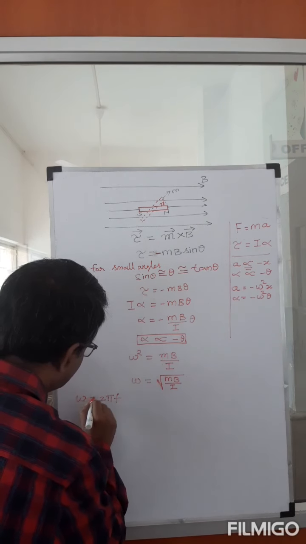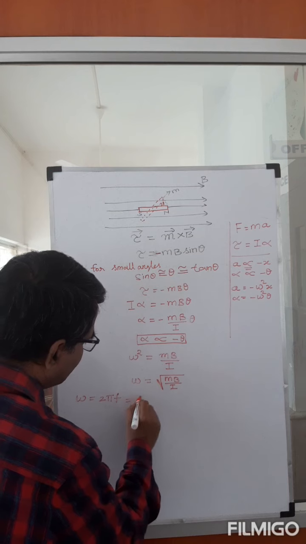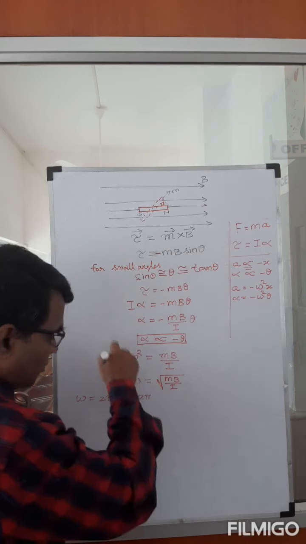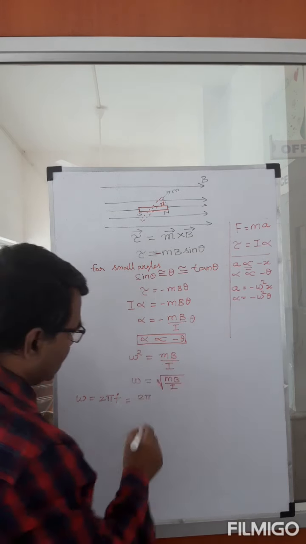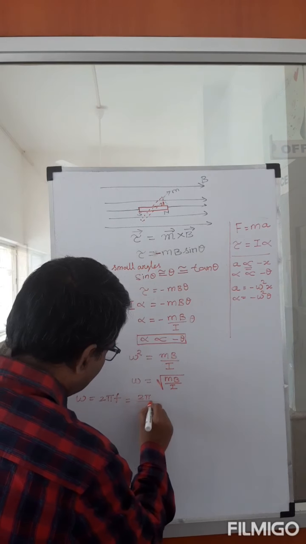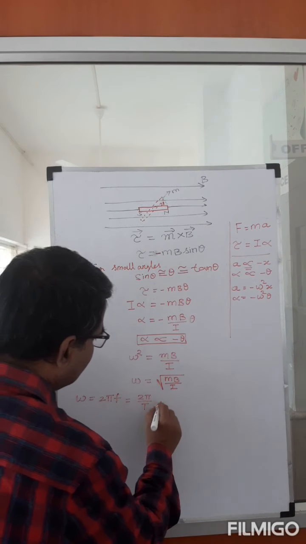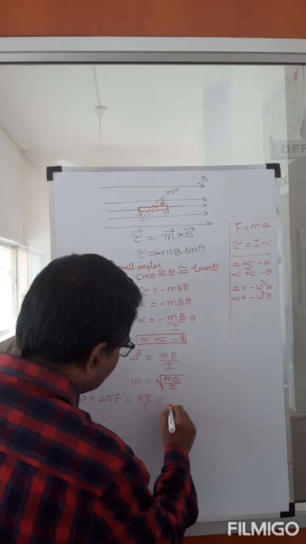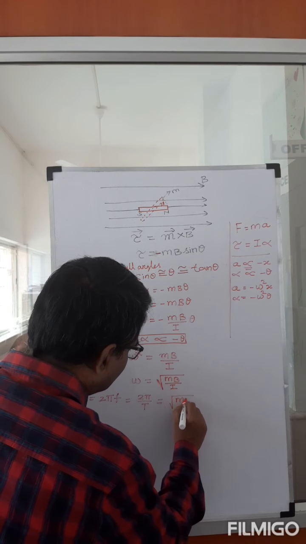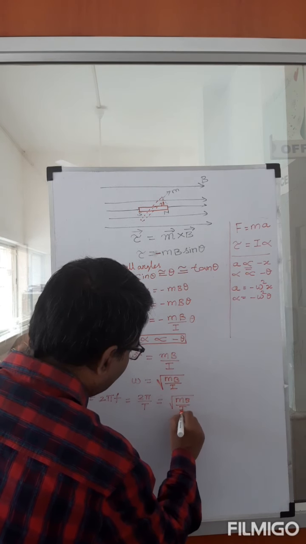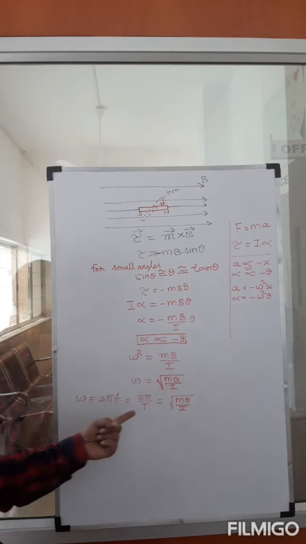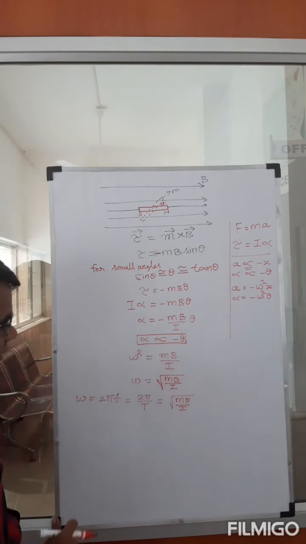Omega is equal to 2 pi f, and it is also equal to 2 pi by T, since f is 1 by T, the time period. So 2 pi by T is equal to square root of mB by I. So I can find the time period using this.